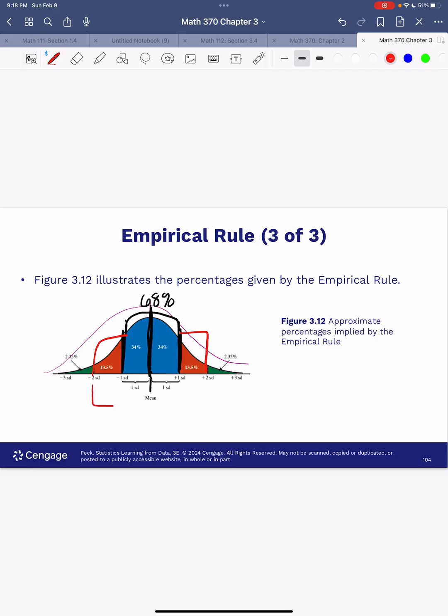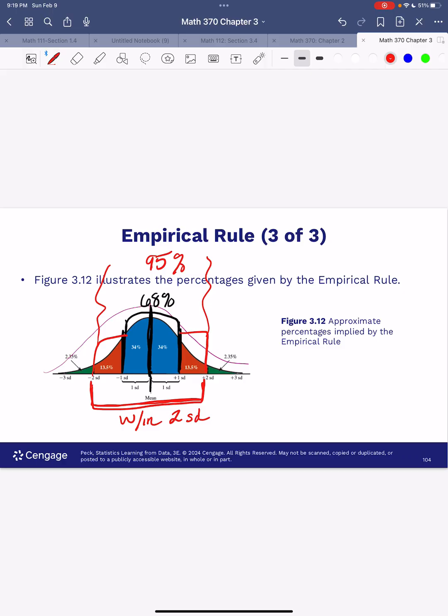So we say to be within 2 standard deviations of the mean is where 95% of our data lies. So 95% of that data we feel is going to be within 2 standard deviations of the mean. So that could either be above or below.